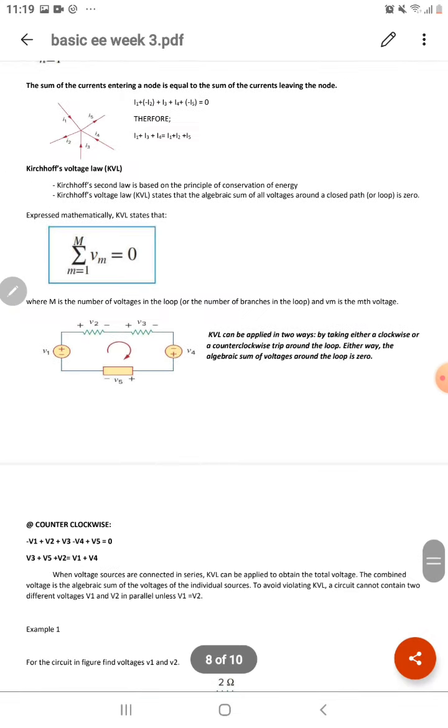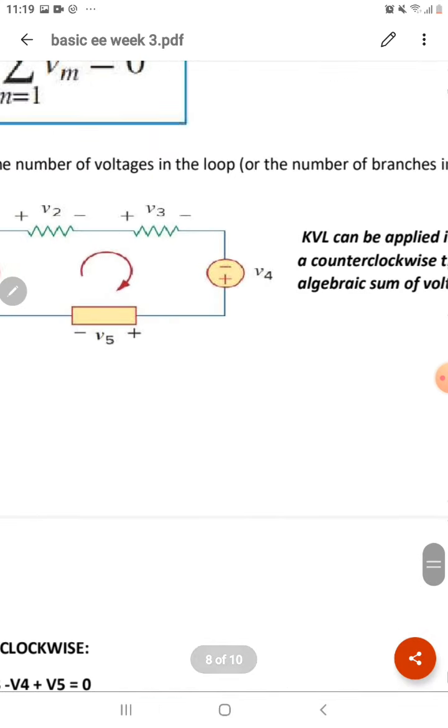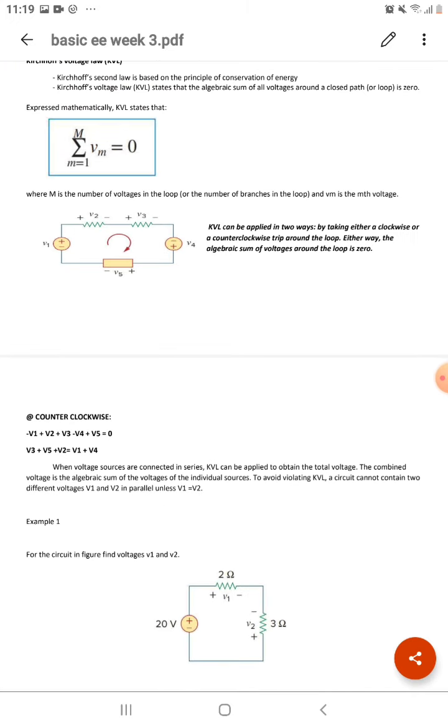Ito yung given natin. Positive, negative, V5. Okay? So, ito yung another example natin.